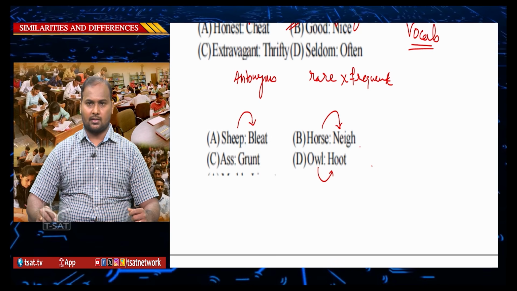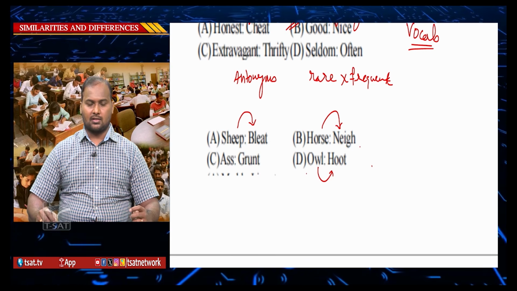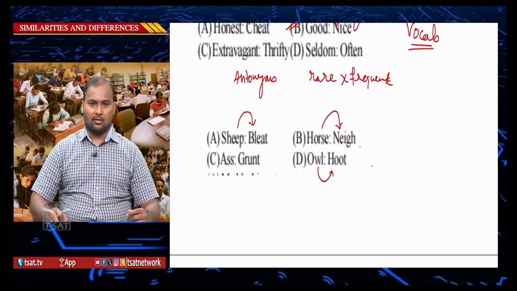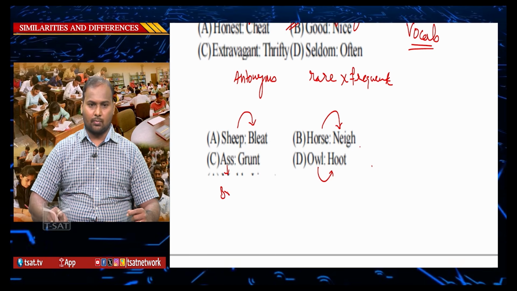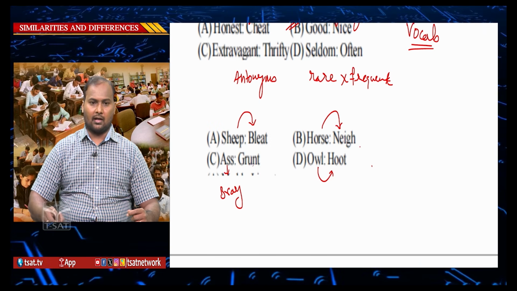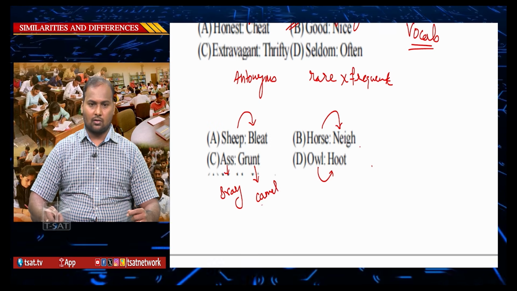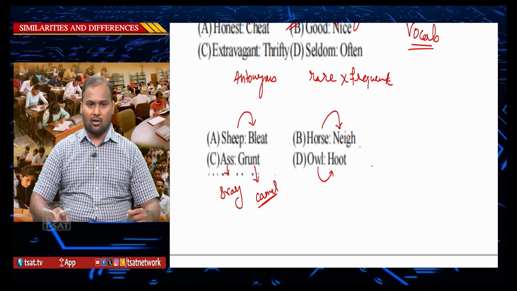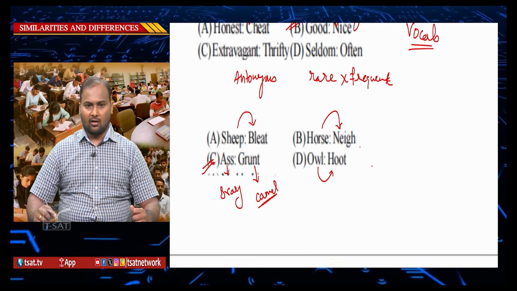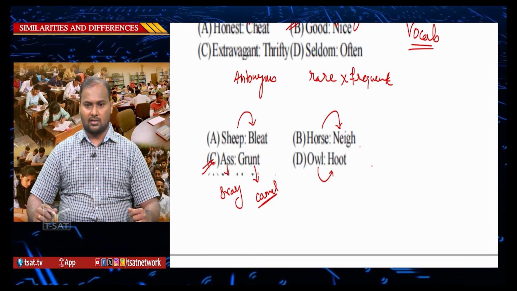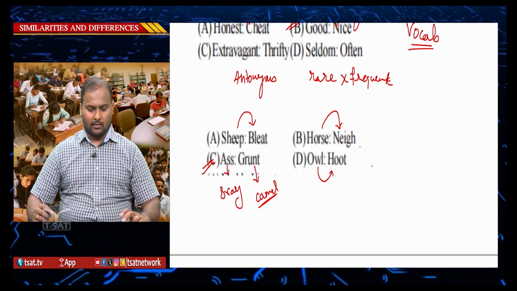The sheep, we call it a bleat. And the sound produced by the ass is called bray. Camel grunt. So it is not matching at all. That is the reason option C is the answer, and the logic is based upon the sounds produced by different animals.